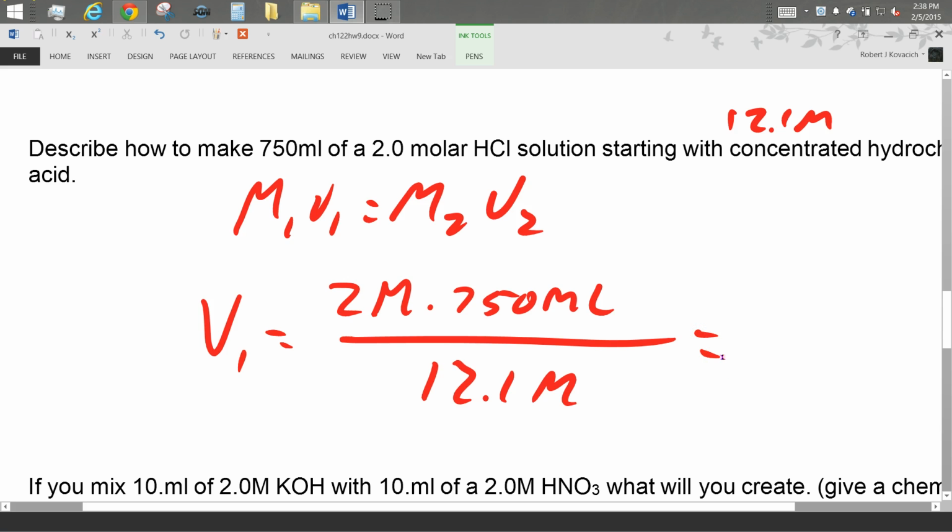Somebody have a number? 12 and a half? I think it's 125. Okay. I used 12 molar because that's what it said in our notes. That's fine. So put 125 milliliters in a 750 milliliter volumetric flask, and fill to the line with a dropper, something like that.